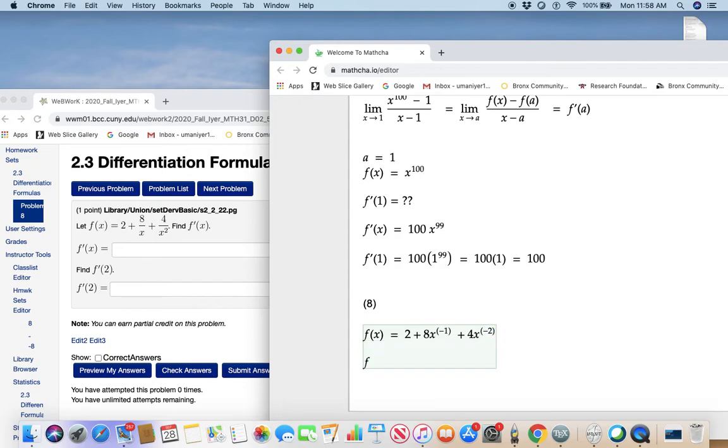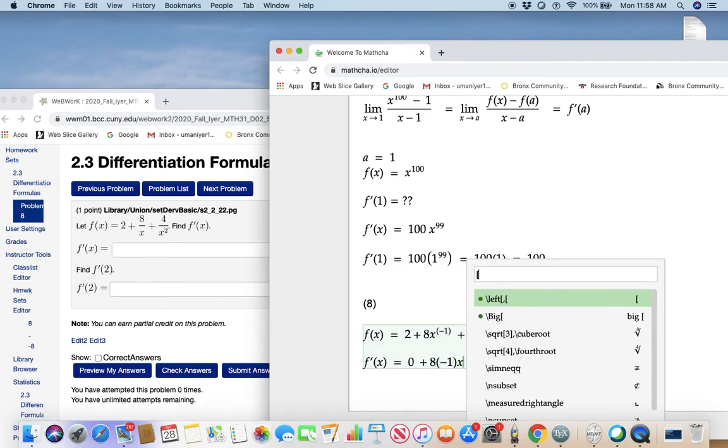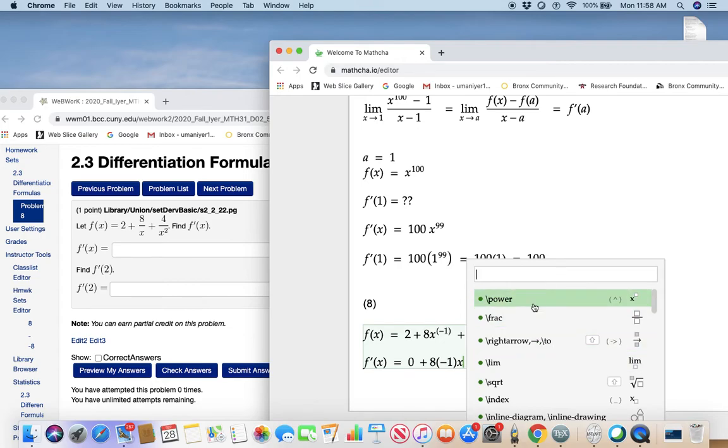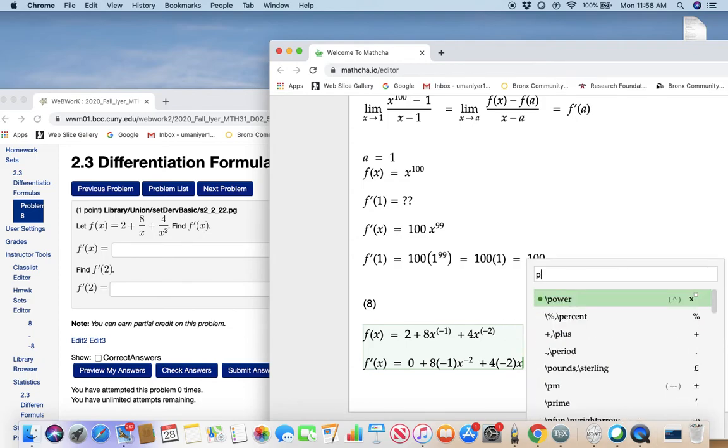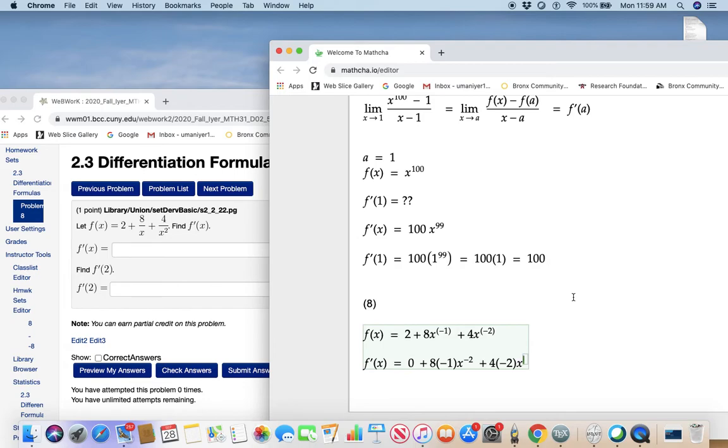Once you rewrite it in this fashion, then you can see what happens to the derivative. The derivative of the constant is 0, plus 8 times the power comes down and x reduces the power by 1, so -1 is -2, plus 4 times the power comes down and x reduces the power by 1, right? So -2 minus 1 is -3. So that's your derivative.